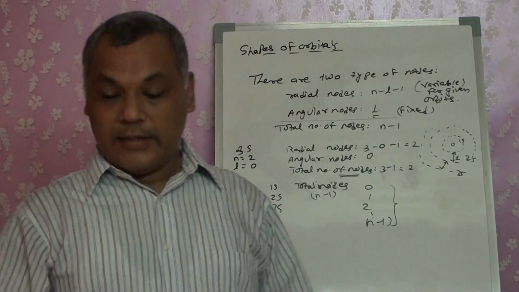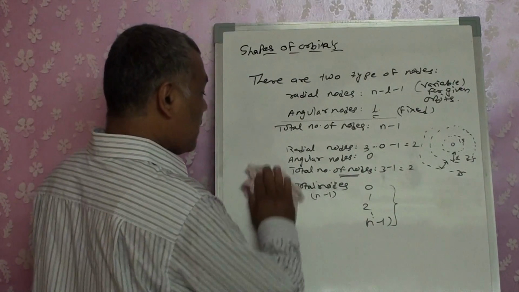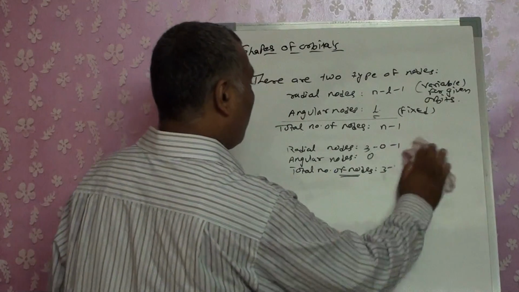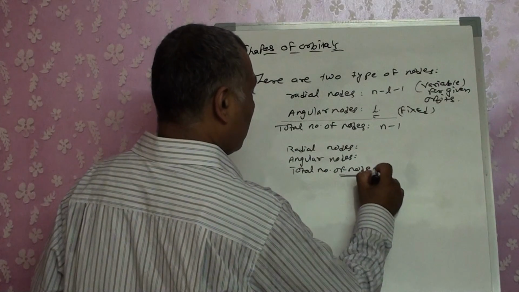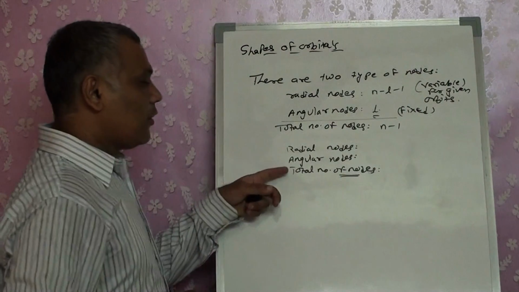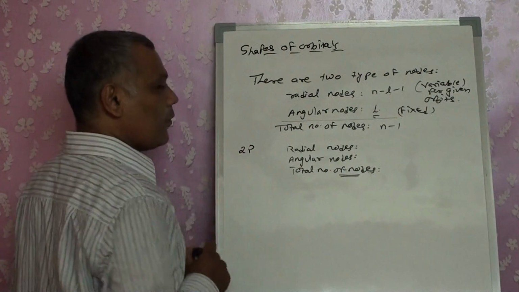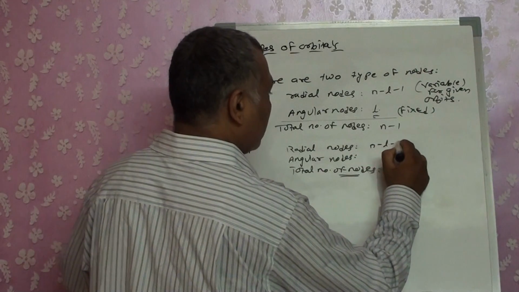Let us similarly go for p orbitals. We want to calculate the radial nodes, angular nodes and total nodes. Let's take the 2p orbital. Radial nodes are n minus l minus 1.